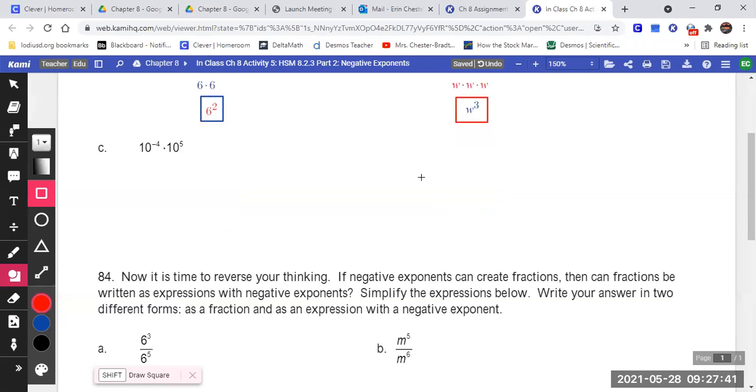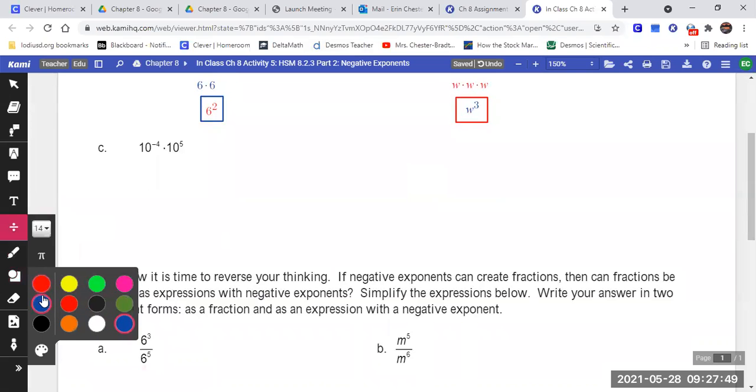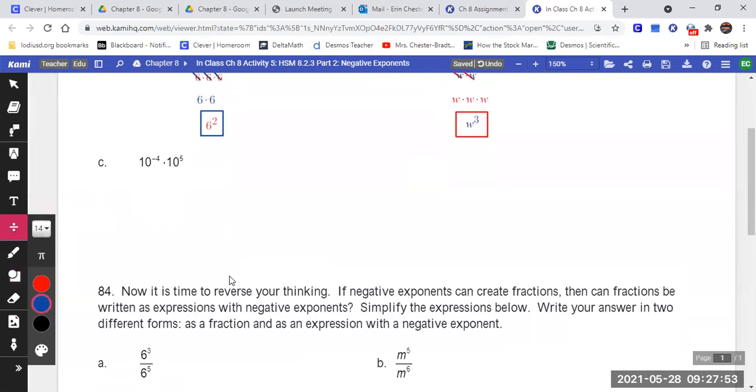Okay. How am I going to rewrite this one? Which piece moves to the bottom? When we're moving things, what is the piece that always moves? The one with the negative exponent.